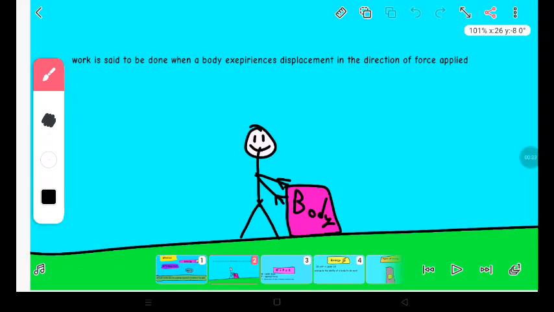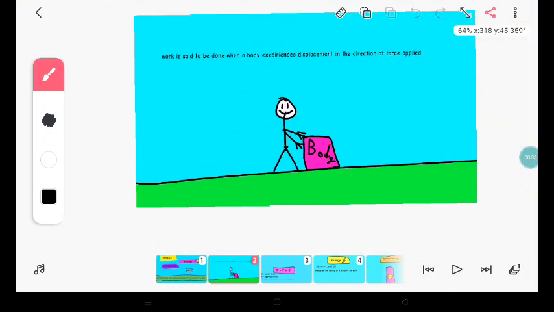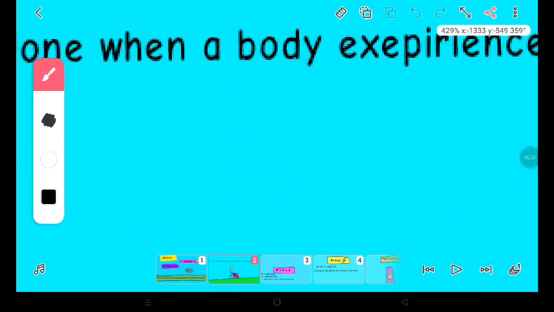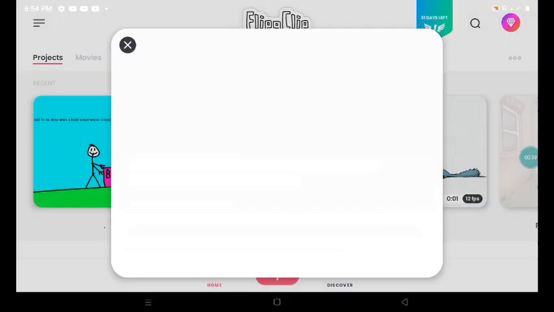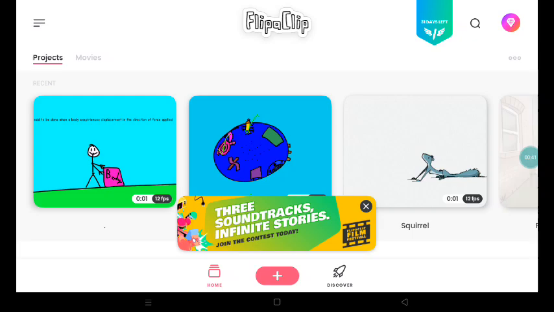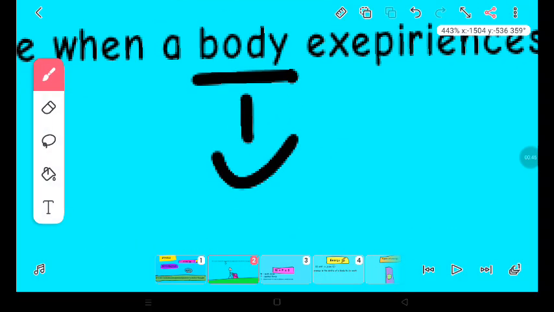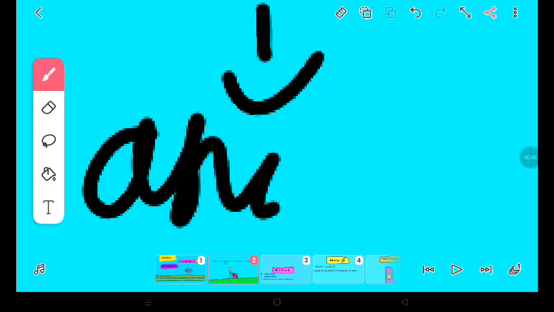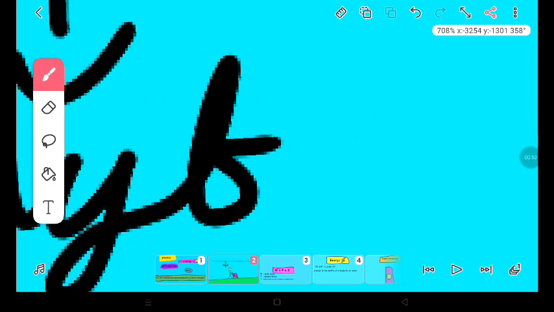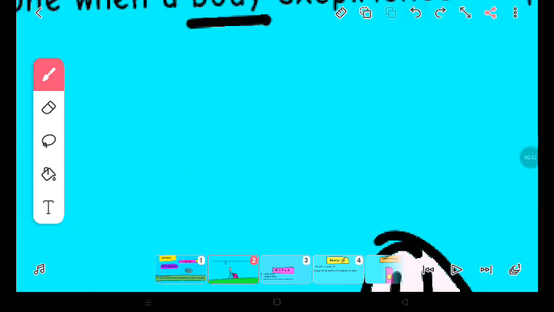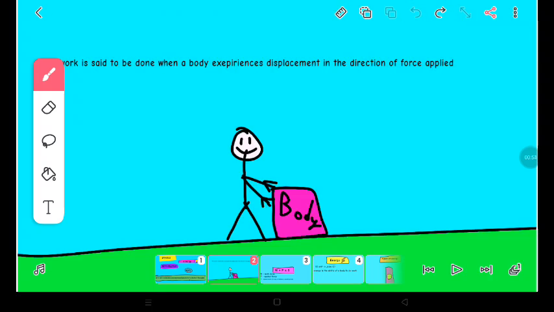For example, let us take example of this stickman. Body in physics means anything. Body in physics means literally anything. Like an atom is a body in physics.